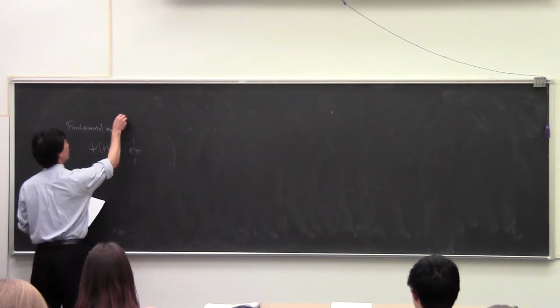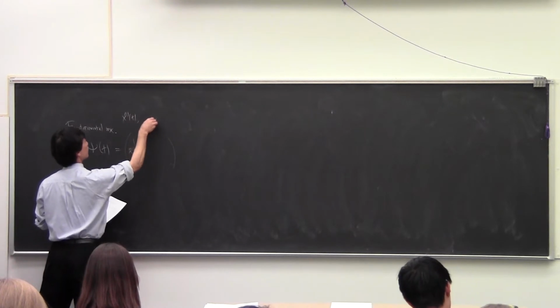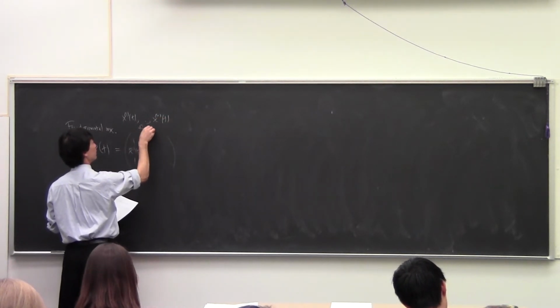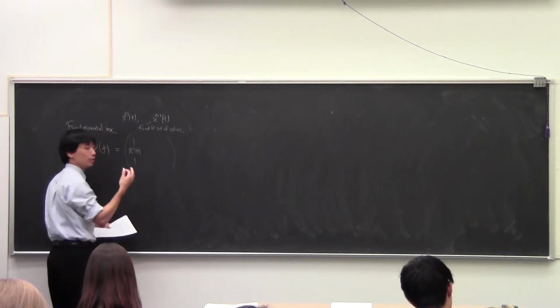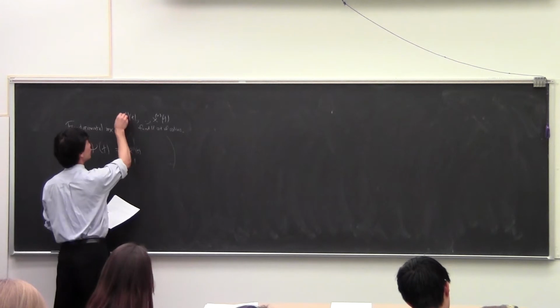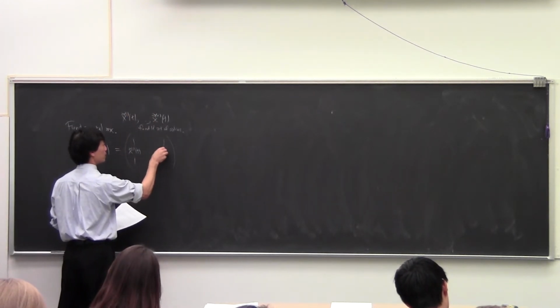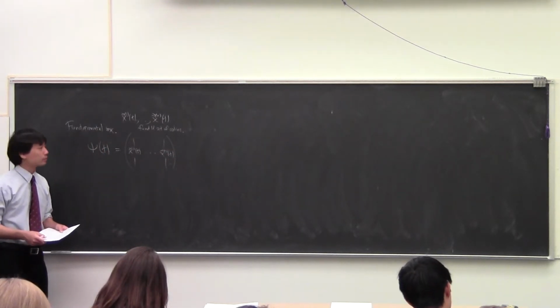So you had x1 to xn, a fundamental set of solutions, and then you took those vector valued functions and put them into a matrix, and you call that thing the fundamental matrix.